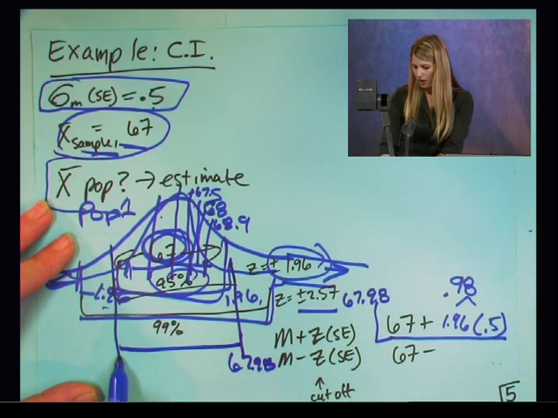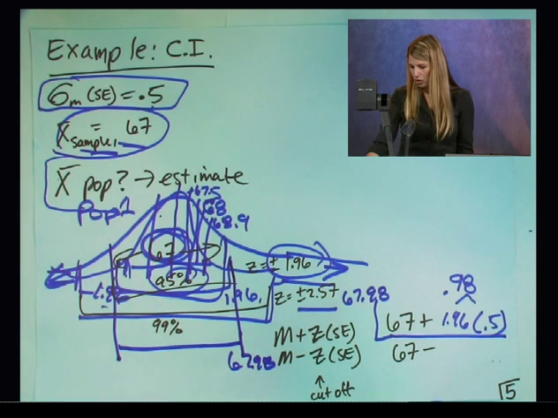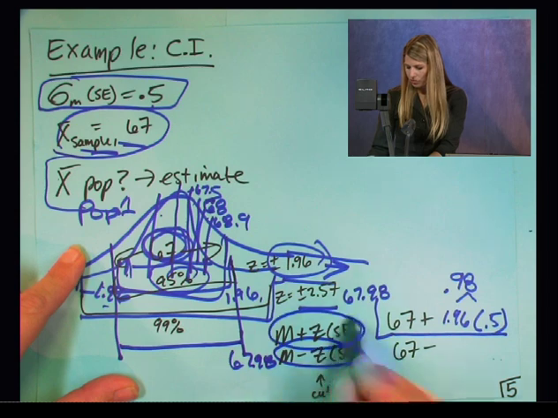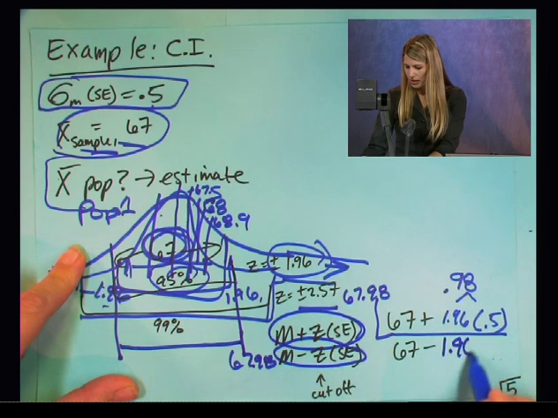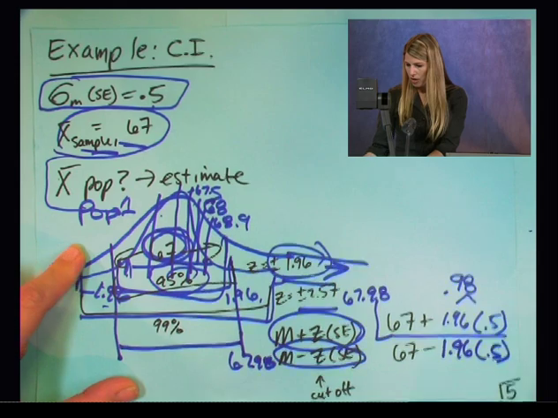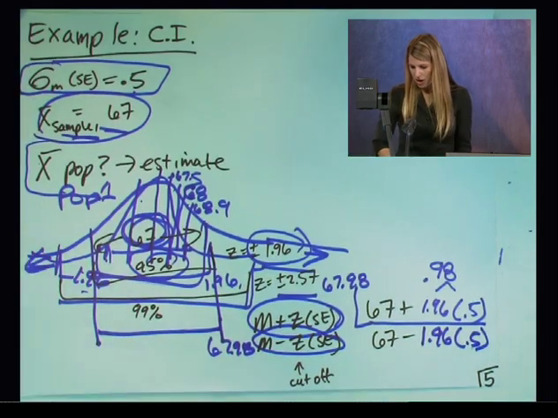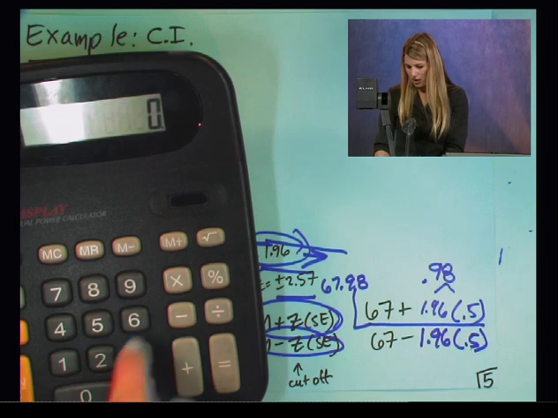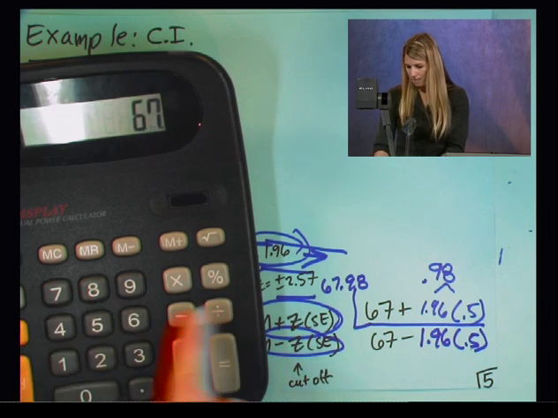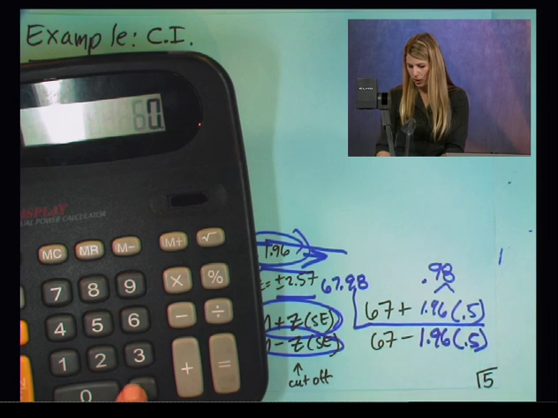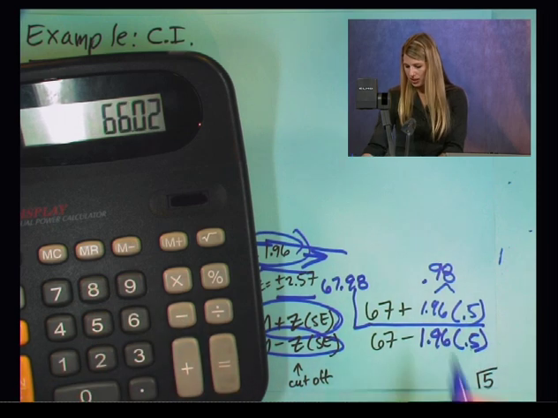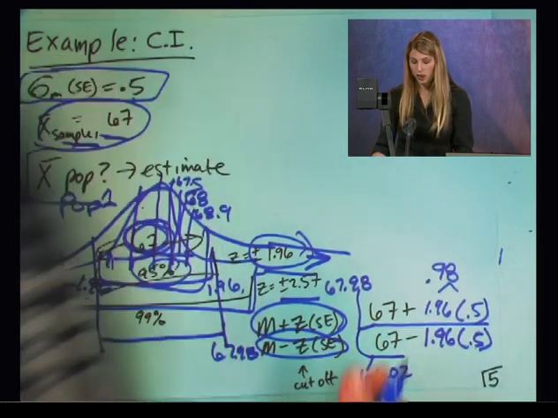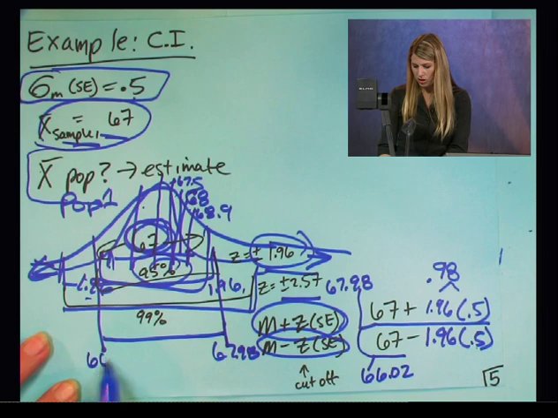And if you go down to the bottom of your 95% confidence interval, you do the opposite: 67 minus z, which is 1.96, times standard error, 0.5. We already calculated that up there. All you do is 67 minus 0.98 equals 66.02. That's the lower limit of your confidence interval.